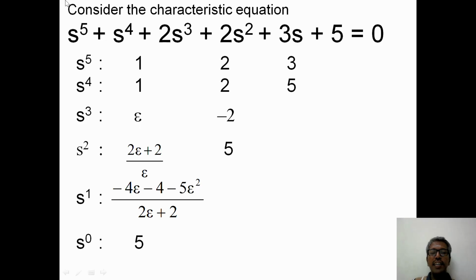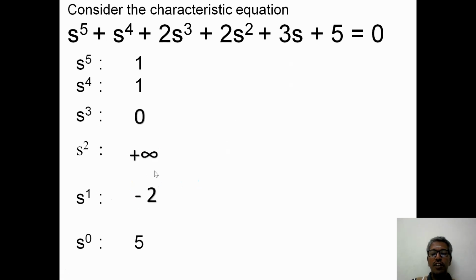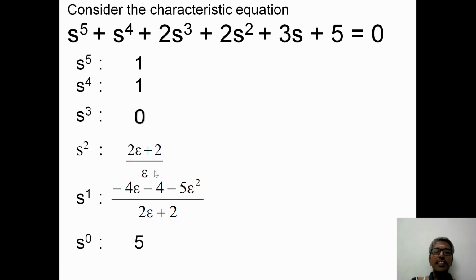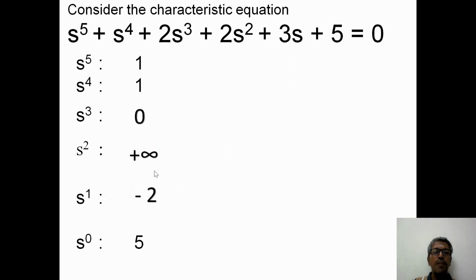As we said earlier, for a stable system, the first column should be greater than 0. For that, (2 epsilon plus 2) divided by epsilon must be greater than 0. Now substitute epsilon equal to 0, then it will be infinity and minus 2.